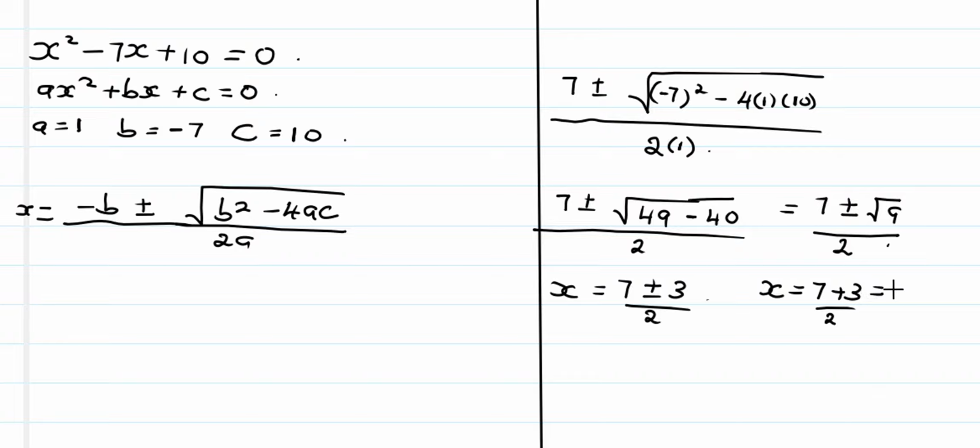So 7 plus 3 is 10, divided by 2, which is 5, and that becomes the first solution for x in this question. For the second one, where 3 is negative, x equals 7 minus 3 divided by 2, which is 4 divided by 2, which is 2, and that becomes the second solution for this question.